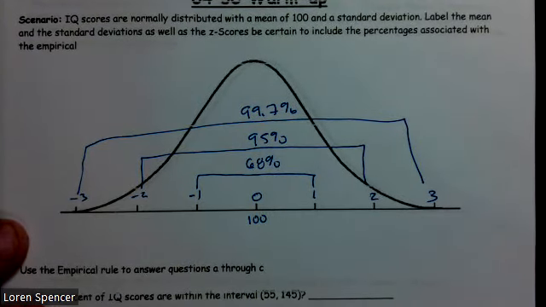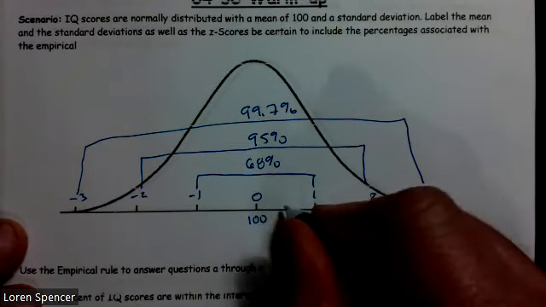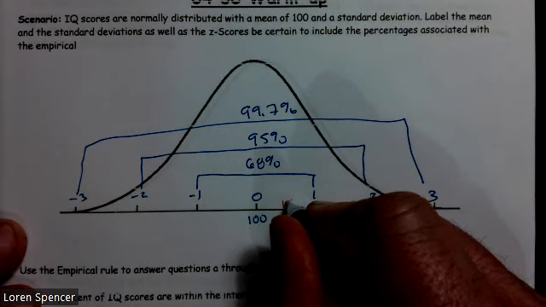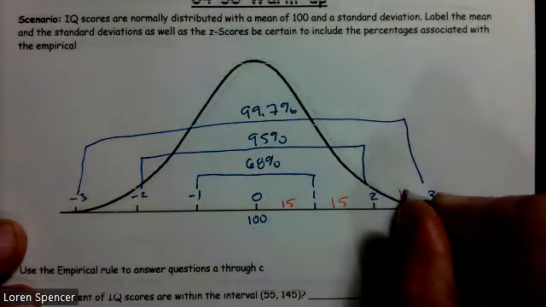All right. They told us the actual mean was 100. And in this case, we're supposed to have a standard deviation of 15. So I know that's left off of this, but we're changing by 15 because that's the actual.